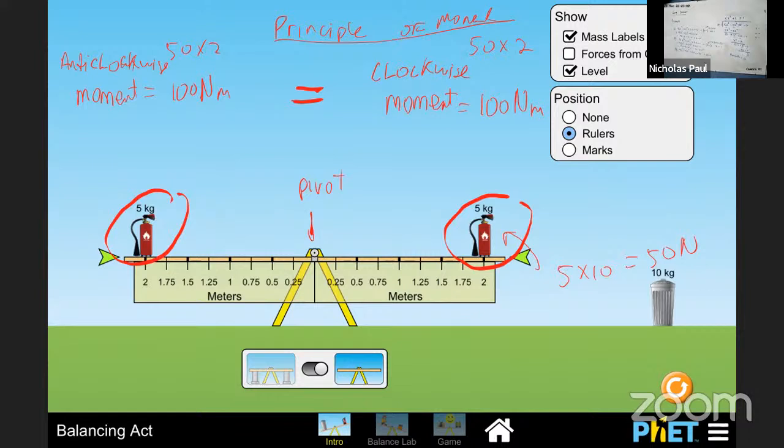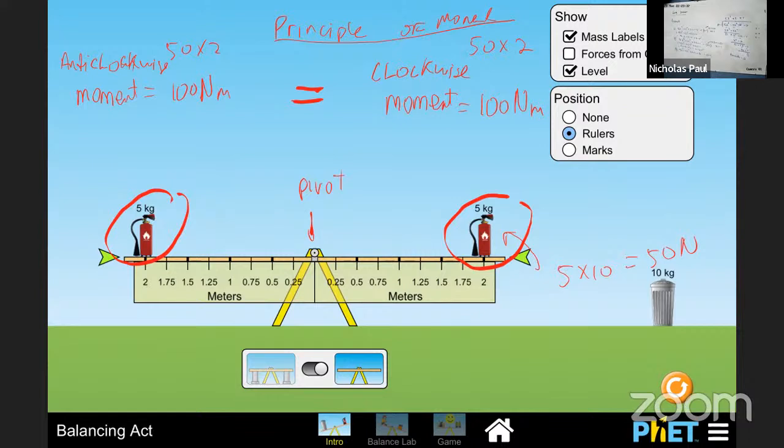All right, I'm starting over this now, in case you get lost. Must be equal to the sum of the clockwise moments about the same pivot. Right?